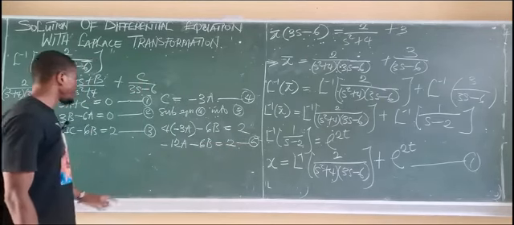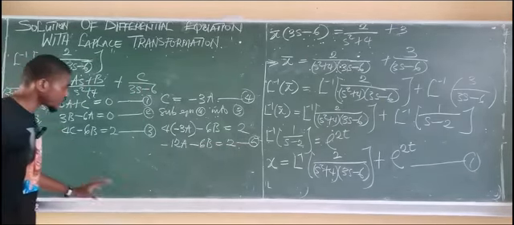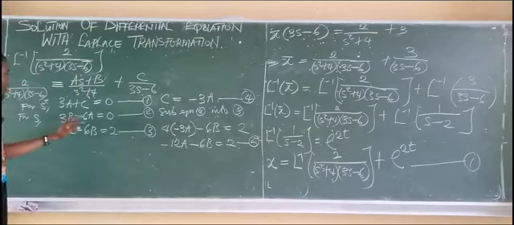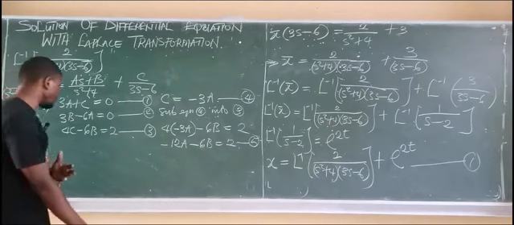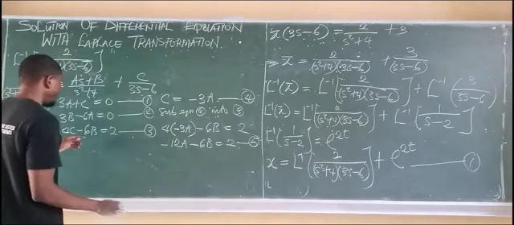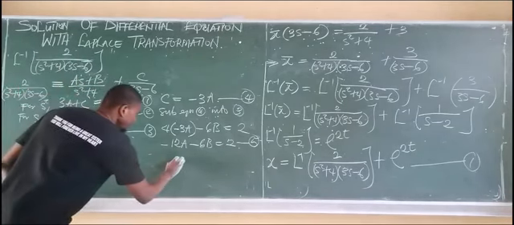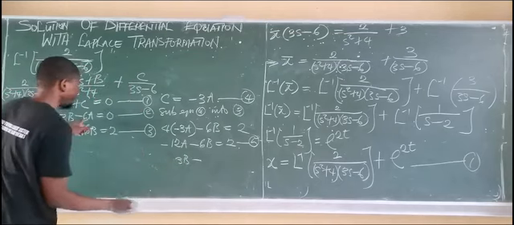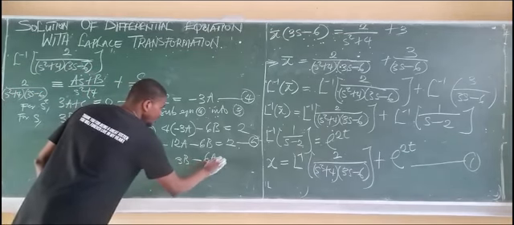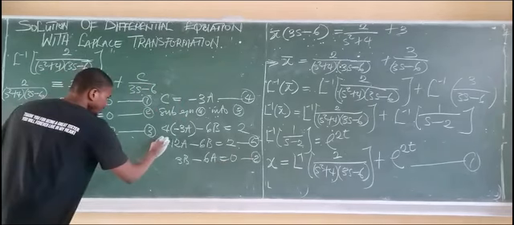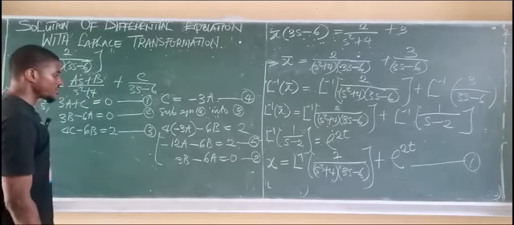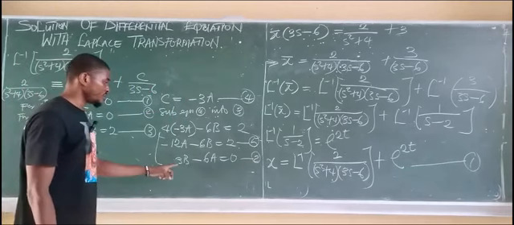Call this equation 5. Observe now that equation 5 and equation 2 are in terms of a and b, which means I can solve the two of them simultaneously. So pull out equation 2: 3b minus 6a is equal to 0. Solving them simultaneously, the best approach is to use the elimination method. Let's say I want to eliminate b.